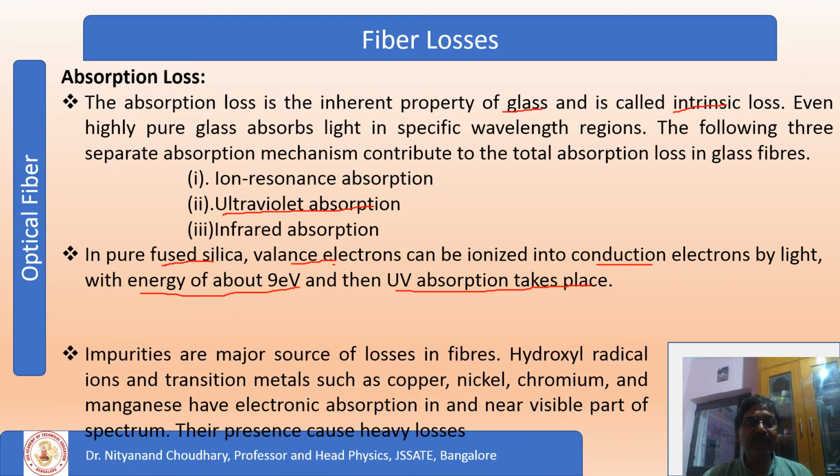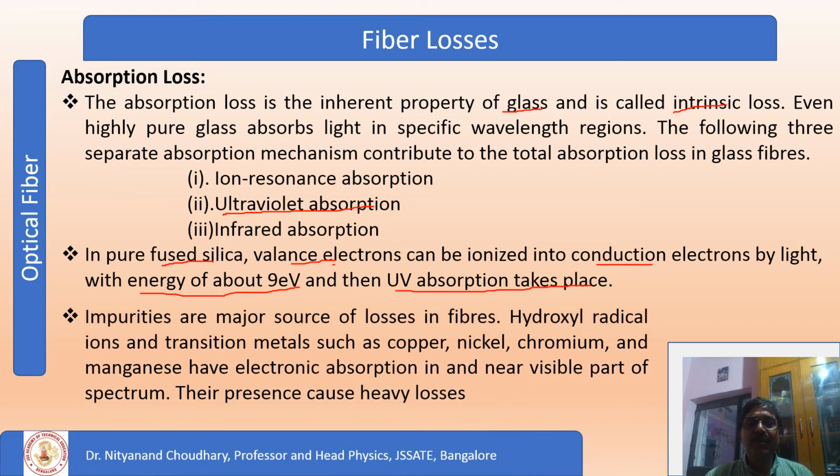Okay, let's see further. Impurities are a major source of the losses in the fibers. Now we have the impurities, so hydroxyl radicals OH minus, and the transition metals such as copper, nickel, chromium, cadmium, manganese, right, have electronic absorption in the near visible part of the spectrum. Now you see here the visible part is getting affected.